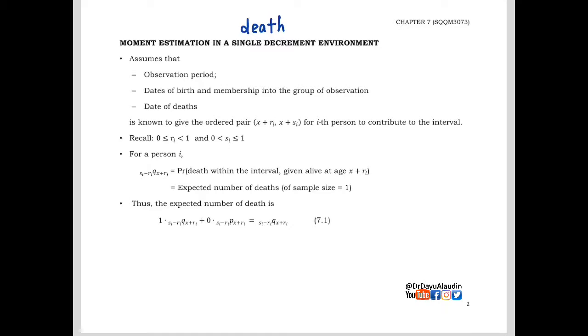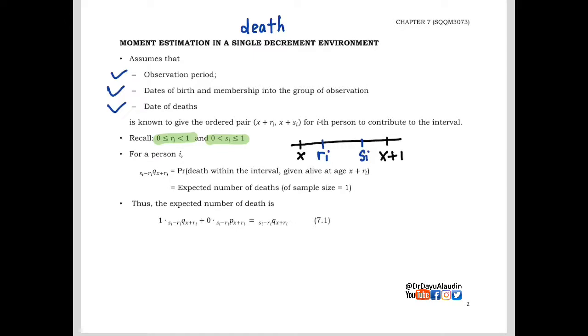There are some assumptions that we have to make for this estimation. We have to know the observation period, date of birth, date of death. Recall RI and SI. For this case, RI and SI should be in the interval of x and x plus 1, in between the interval.